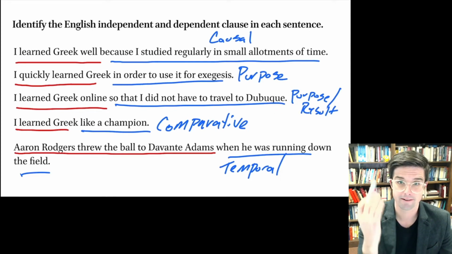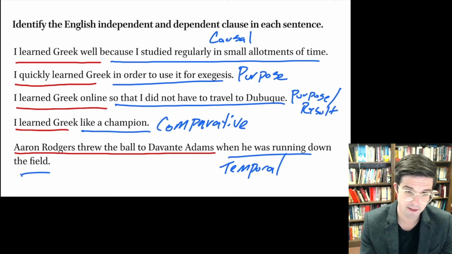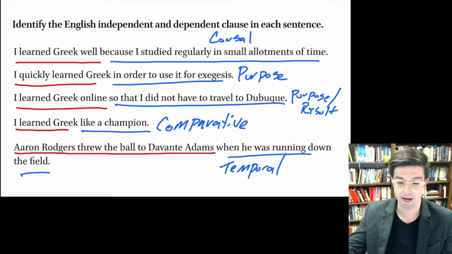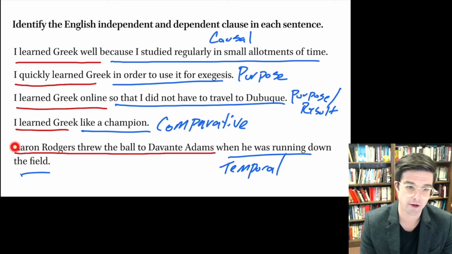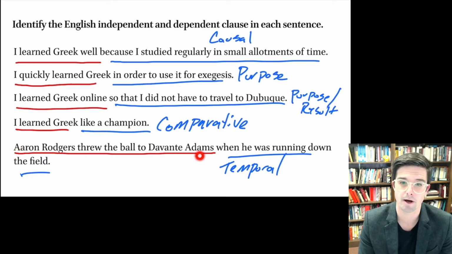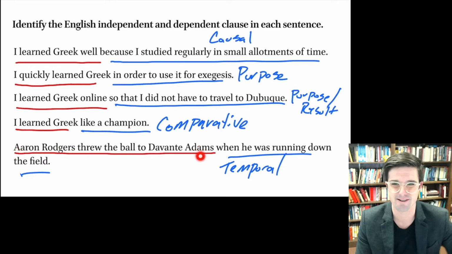"I learned Greek," full stop, "like a champion," a comparative clause comparing the way you learned Greek to a champion. And then our go-to example here: "Aaron Rodgers threw the ball to Davante Adams," as we know, can be a full sentence.